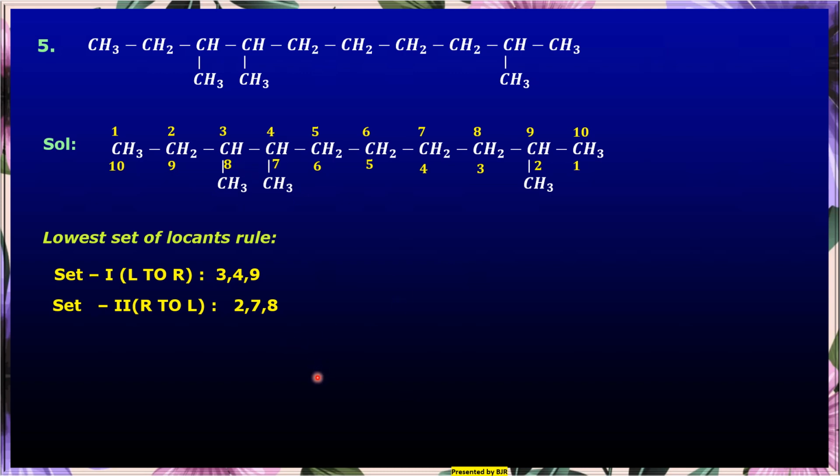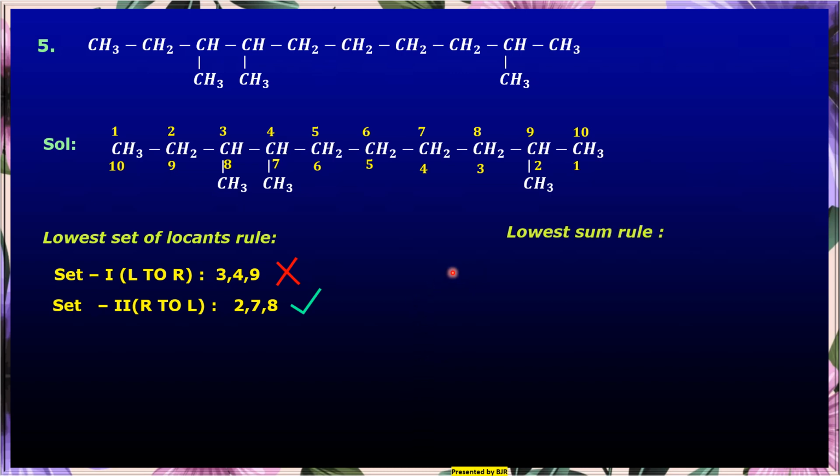If you compare these two sets term by term, at the first point of difference 2 is less than 3. Then you need not compare the remaining terms. So this is the wrong numbering, and this one is the right numbering.